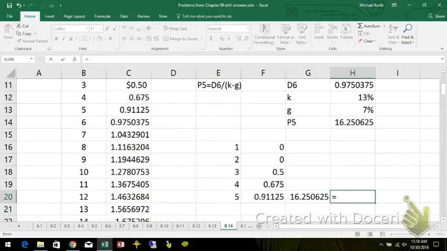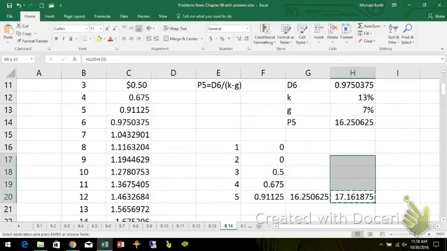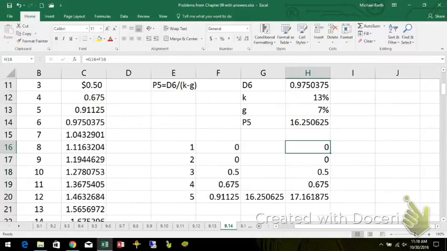So if I add all this together, I'm looking for the present value of 0 a year from now, and that's 0. 0 two years from now, and that's 0. 50 cents 3 years from now, discounted at 13%. The 67-cent dividend, and then the dividend 5 years from now plus the fair value of the share price that'll be worth $16 in the future. What's all this worth today?